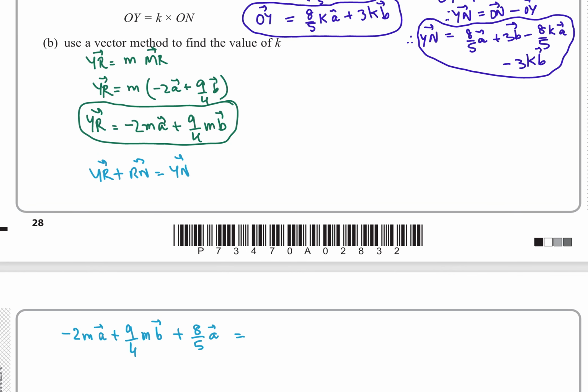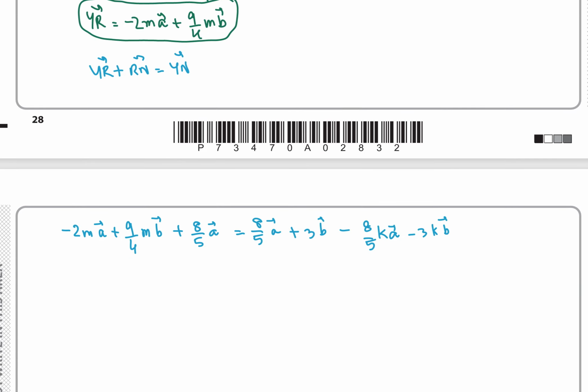So here we've got YN, which is 8 over 5a plus 3b minus 8 over 5ka minus 3kb. So we equate using the a parts first, and then the b parts.